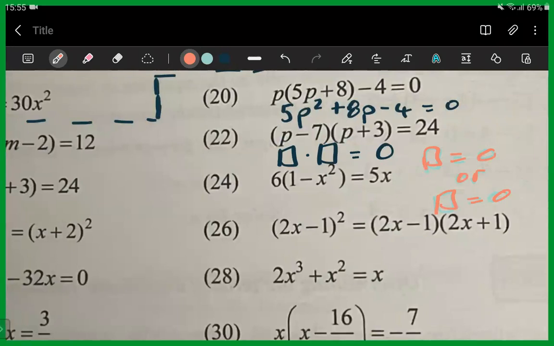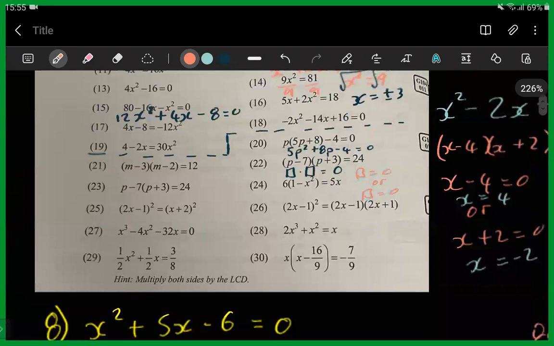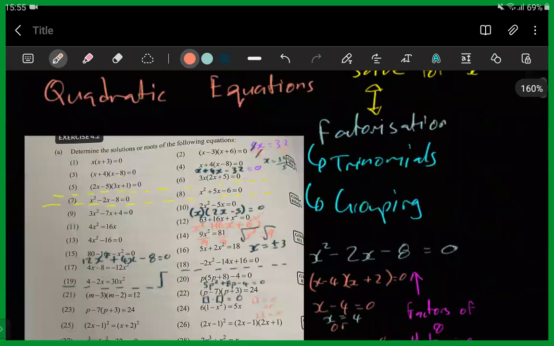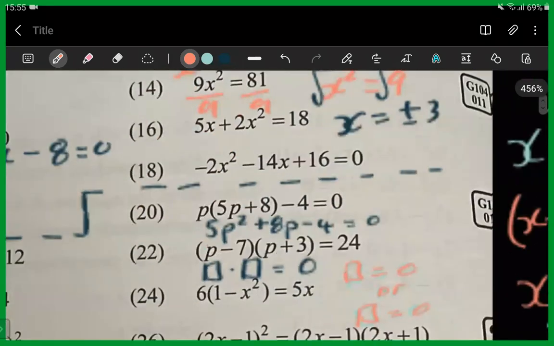So here we have to actually multiply out the brackets first and then see what we can do. So if you're seeing something like the p minus 7 here, p plus 3 here, and the 24. Working out something like this, right?